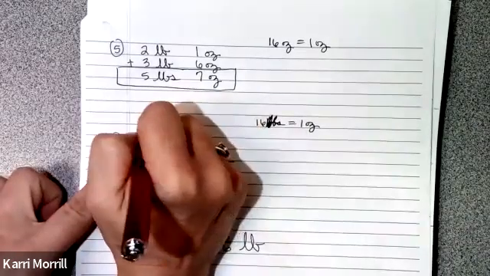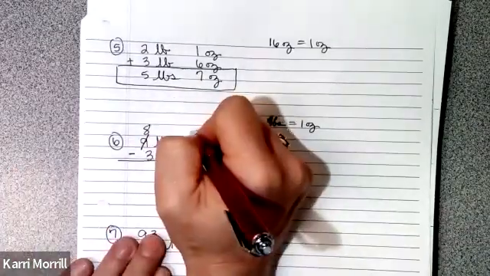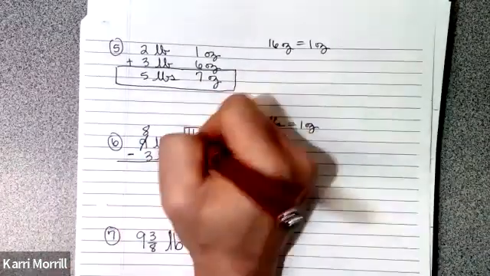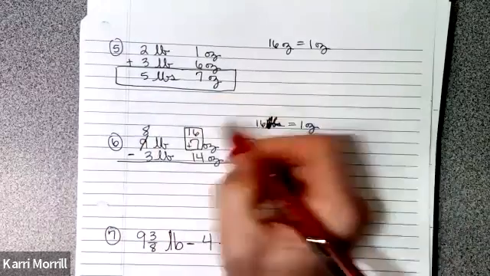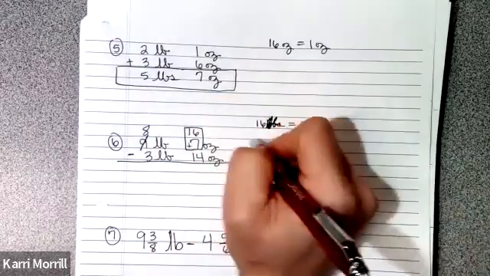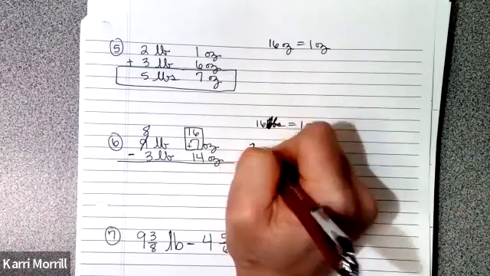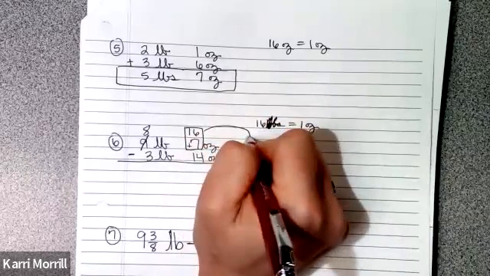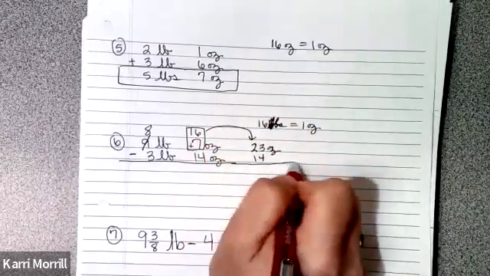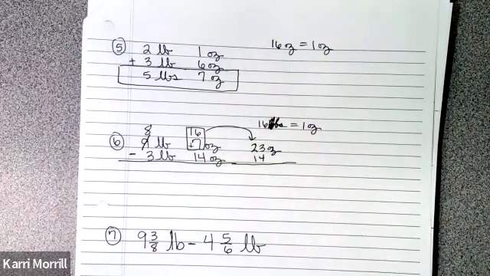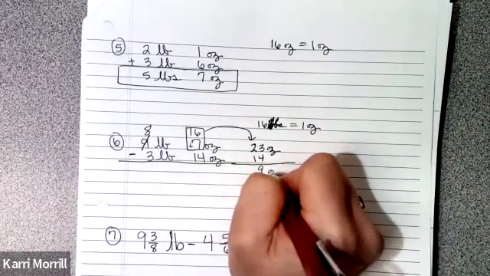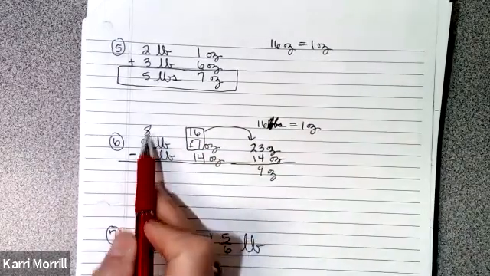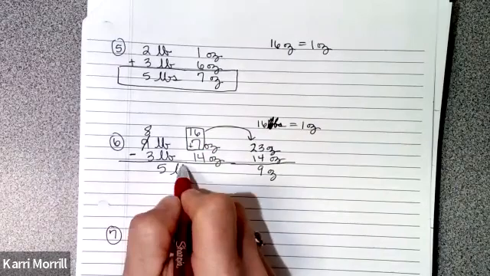So this is really 8 pounds, and I am borrowing 16 from it. So I will add these two together and I like to make a new column. So 16 plus 7 is what? 23 ounces. So I converted that into 23 ounces and then I can subtract my 14. So 23 minus 14 is 9 ounces. And then I can take my pounds and subtract them. 8 minus 3 is 5 pounds.